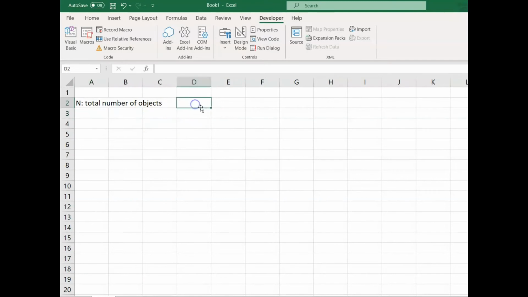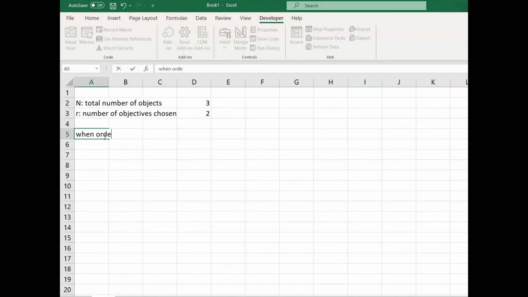As we mentioned before, there are 3 fruits: apple, banana, and orange. r is the number of objects we are going to choose, and according to our previous case, it is 2. Okay.